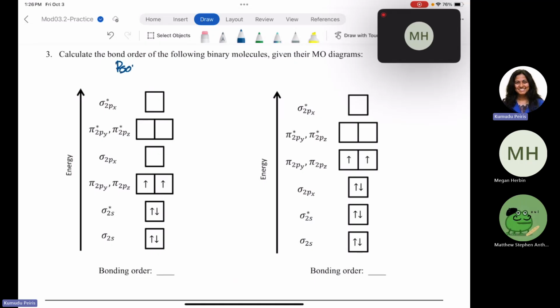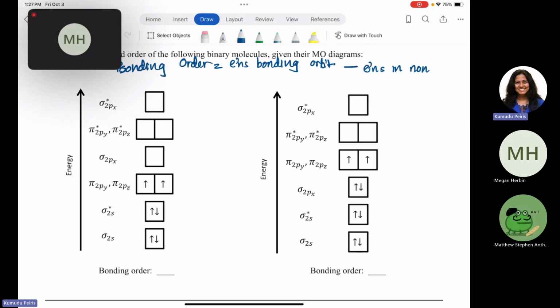Bonding order will be equal to the electrons in the bonding orbitals minus electrons in the non-bonding or anti-bonding orbitals, divided by 2. That is the equation that you must use to find the bonding order.